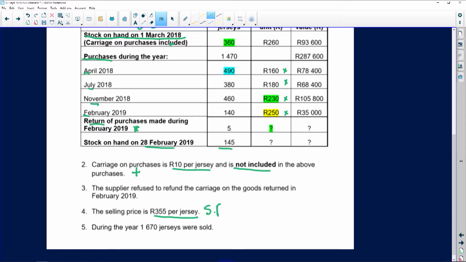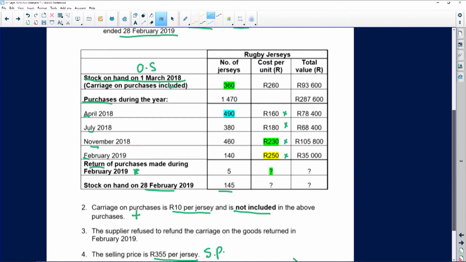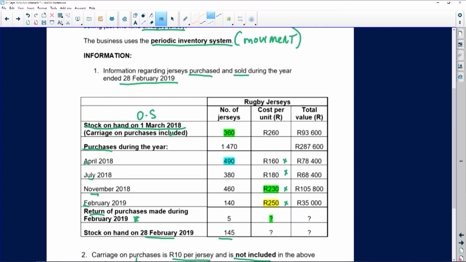So I'm just going to make a note of that. That's my selling price. And then finally, information 5, during the year, 1,670 jerseys were sold. So remember, this is the number of units that were sold. Okay. Right, before we tackle the first question, something else that I want to make very, very clear.